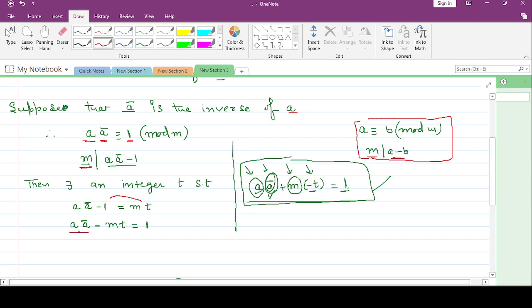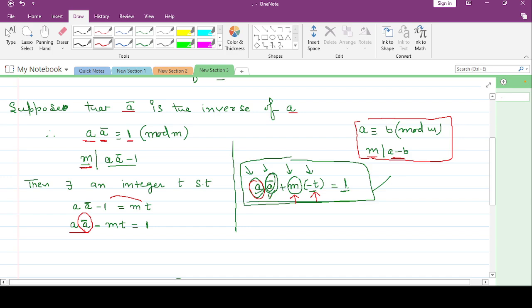Notice here one thing, that here you have this number a, and with this number a you have a bar. Then next you have m, which is the divisor, and next you have one integer.